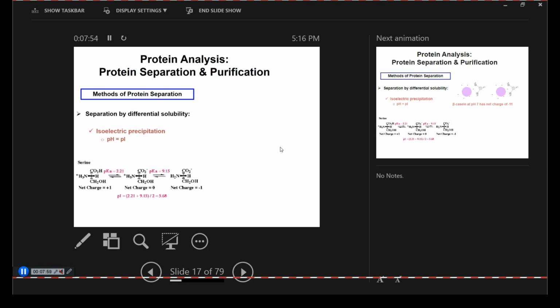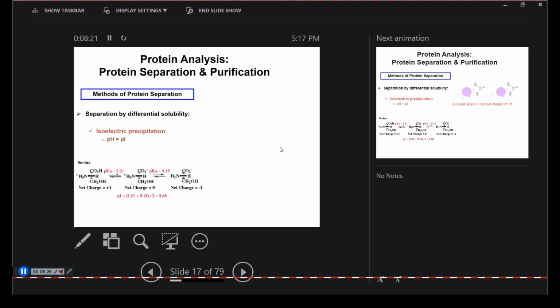But sometimes, let's go back to the flour example of pea flour, sometimes you need to put the protein in solution first before you precipitate it. So, again, same as salting in first. Extraction, in this case, we extracted using salt. In this case, we extract using pH.